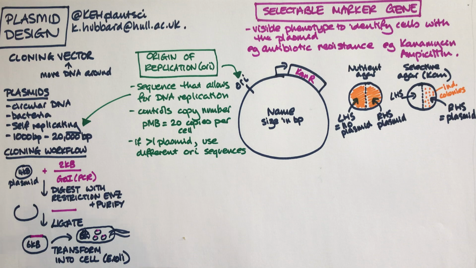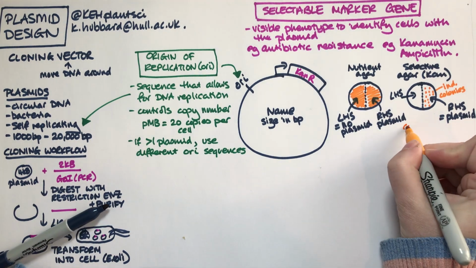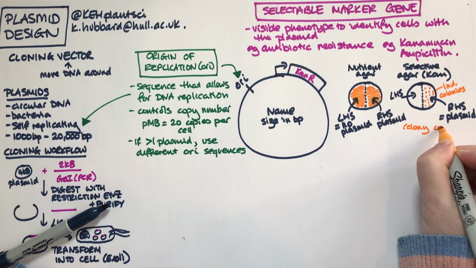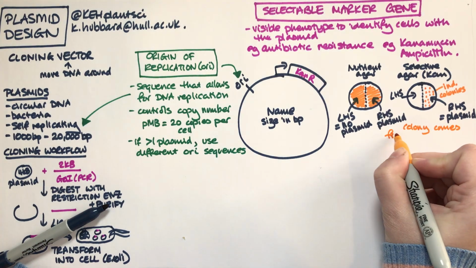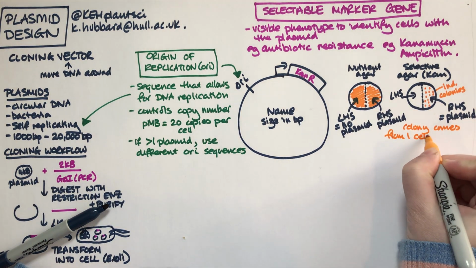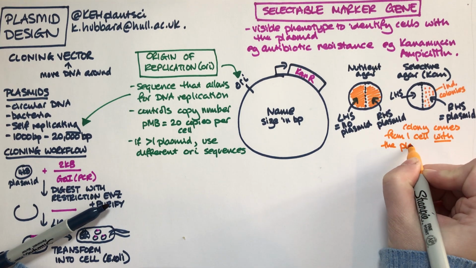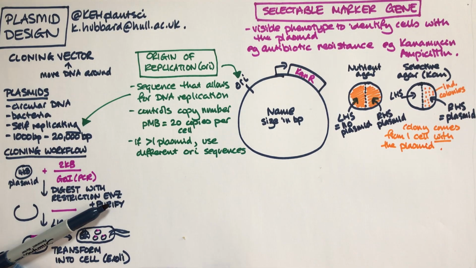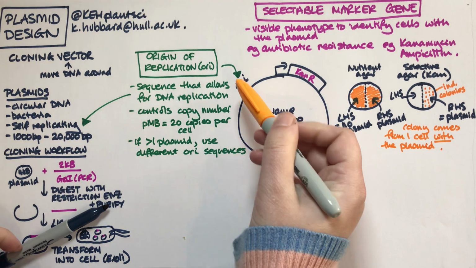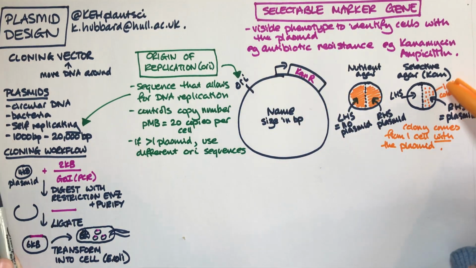Okay, so each one of those colonies comes from one cell with the plasmid. So it's got an origin of replication, and it's got resistance to the kanamycin that's in the Petri dish. Okay.